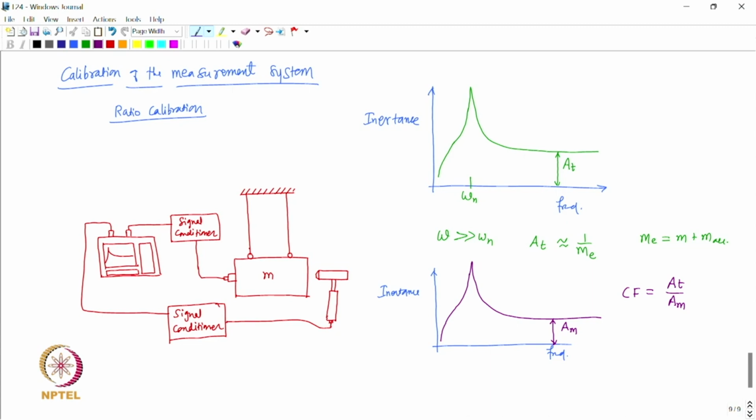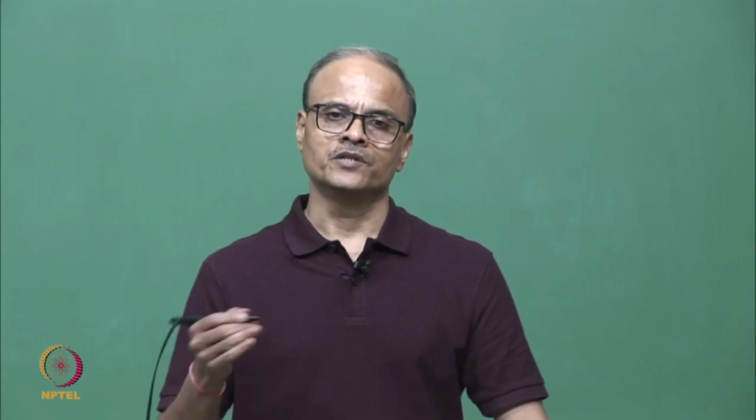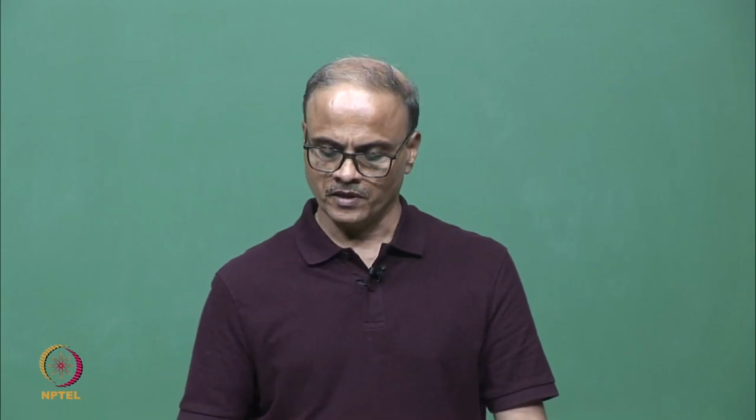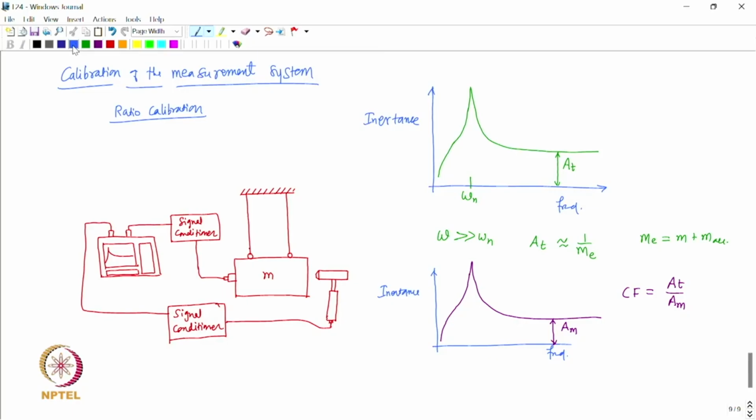And now we can use this calibration factor to correct the FRFs we measure in the modal test, right. So let us say we are performing a modal test on a structure, let us say a simple beam structure. Now we perform the FRF measurement using this measurement system, and let us call the FRF being measured here A, A of omega.